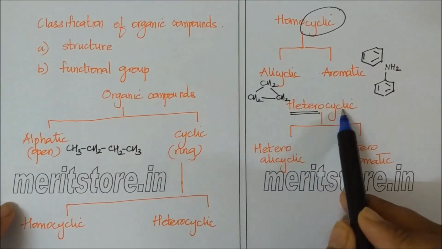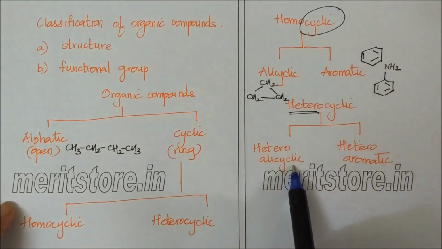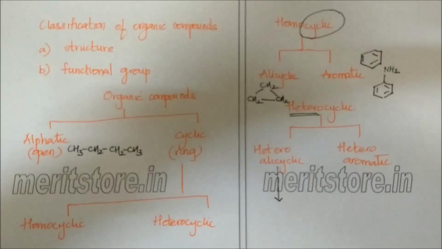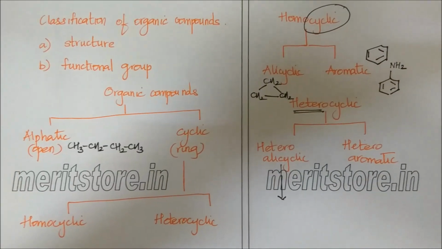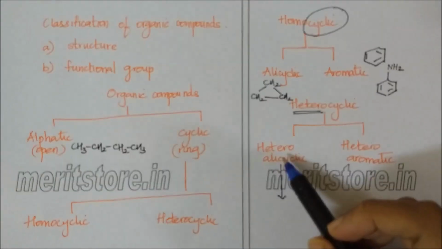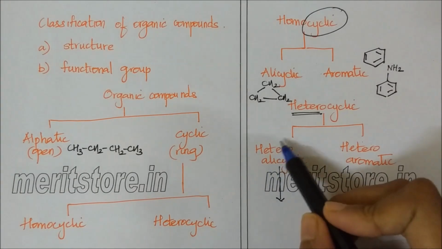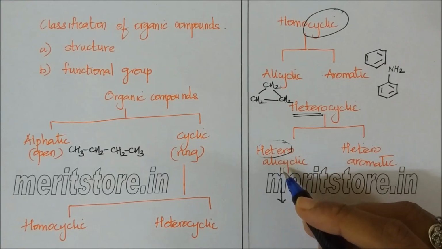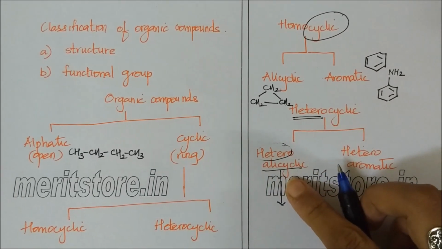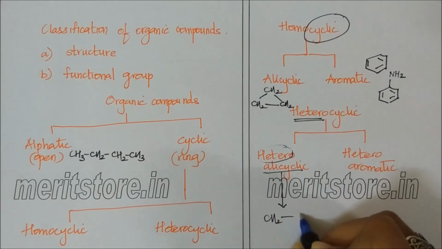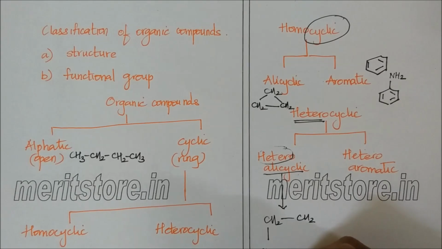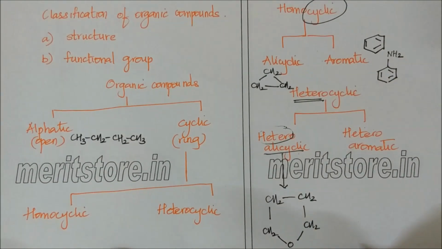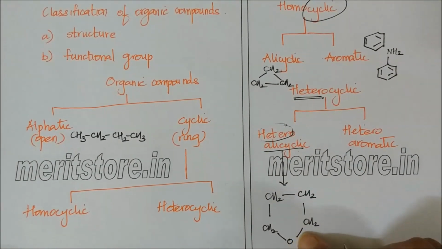Hetero-alicyclic compounds are those compounds which are single bonded. Hetero again means a heteroatom like oxygen, nitrogen, etc. Since it is alicyclic, there will only be single bonds. So I can have a compound called tetrahydrofuran or THF.